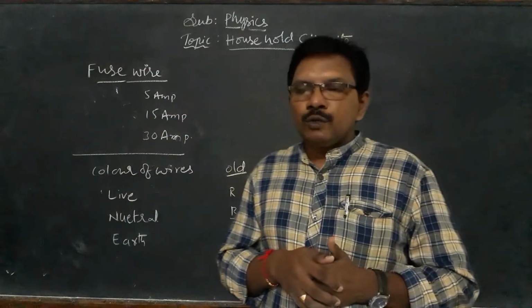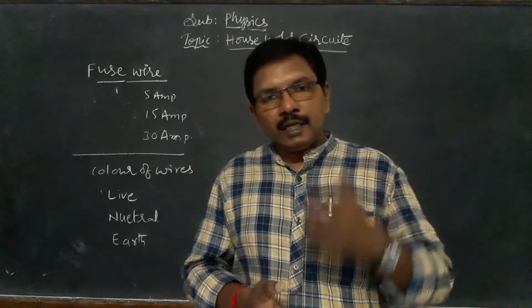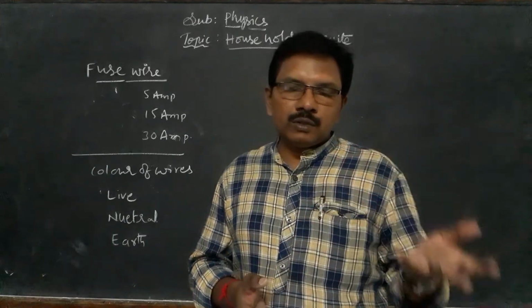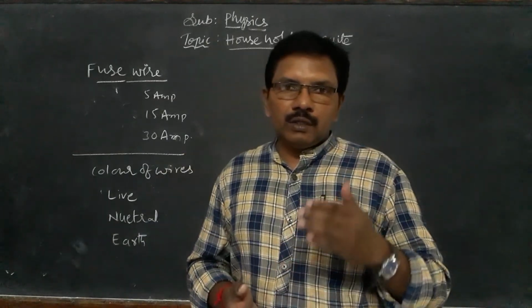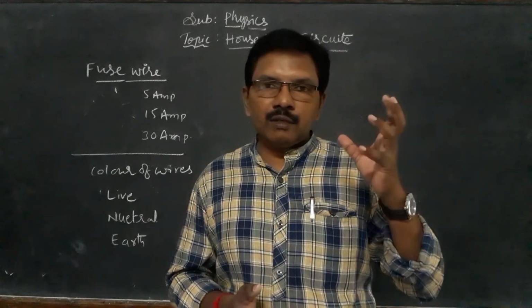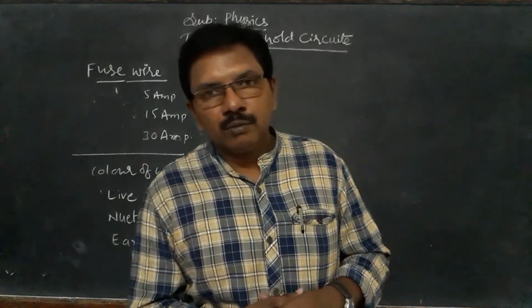And use proper wires depending on the usage of current. The wire used should be different. For low tension and small current, small wires are enough. For high tension voltage, high tension wires mean thick wire.